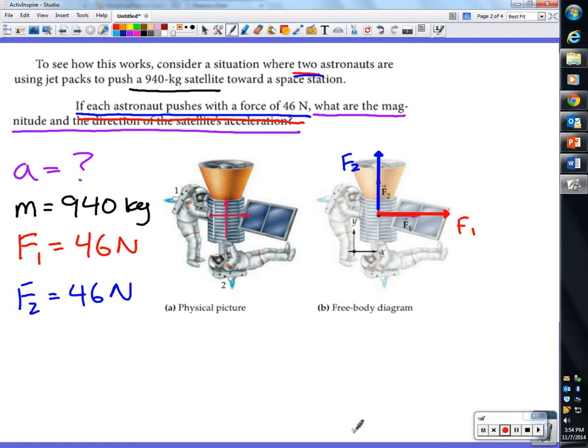So, first, free body diagram. While I said that there's different ways to write free body diagrams, as long as they help you analyze the problem, that's okay. However, most free body diagrams you will see start with all of the forces beginning at the same point.